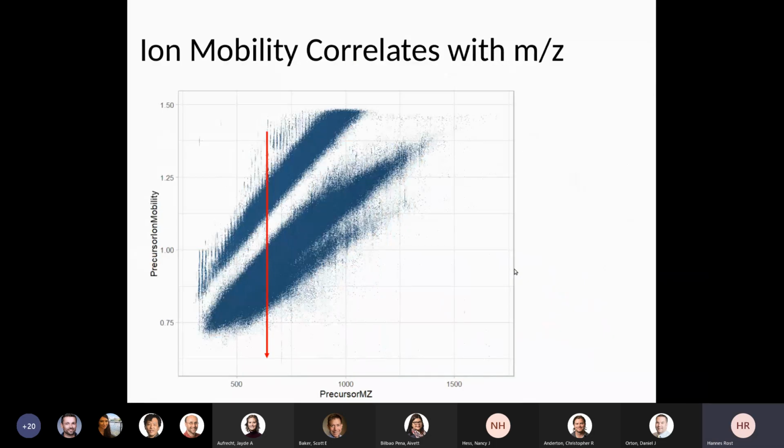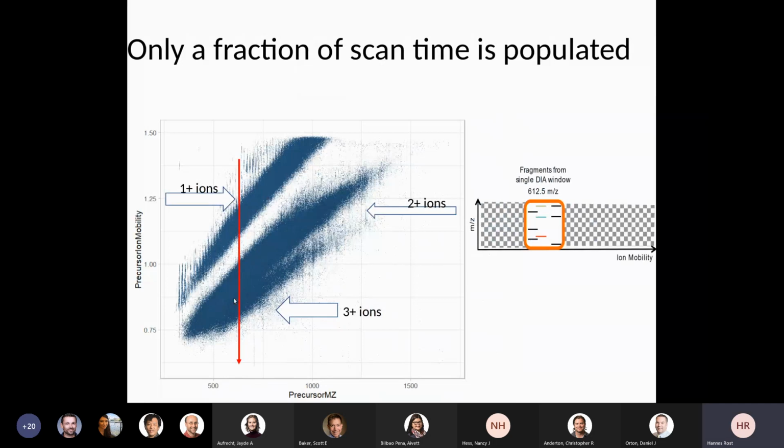The next thing that we realized was that ion mobility strongly correlates with mass to charge. If we take one slice through the mass to charge domain, as shown in red here, the ions of interest, the 2+ and 3+ ions down here, do not take up the full space of ion mobility elution.